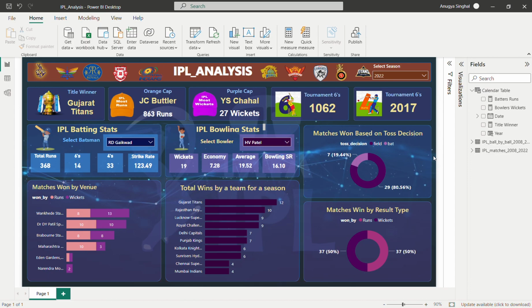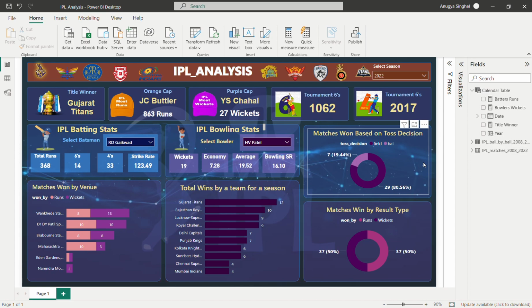The third and last point is the factors which are contributing to the win or loss of a team. After analyzing the data set, the factors on which I have created the chart are matches won based on the toss decision.